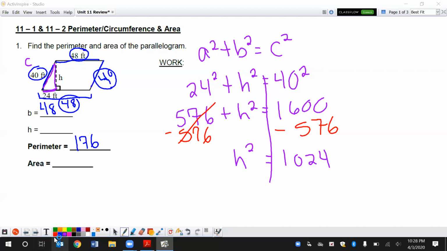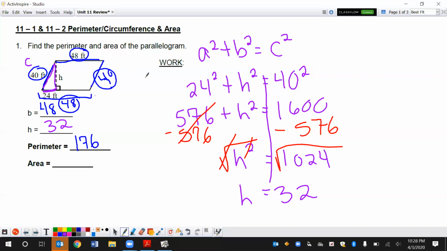And if you remember, to get rid of the squared, we have to take the square root on both sides. So whenever you take the square root of 1024, let's see what we get. We get 32. So that's my height, 32. That's the hard part, because now I have everything that I need to find the area.